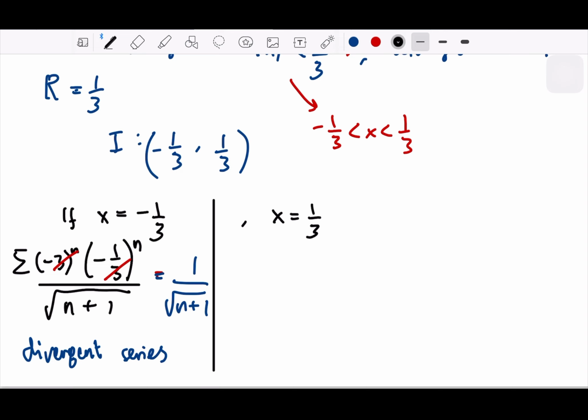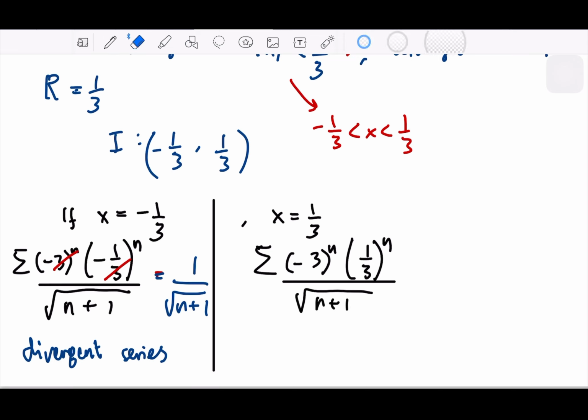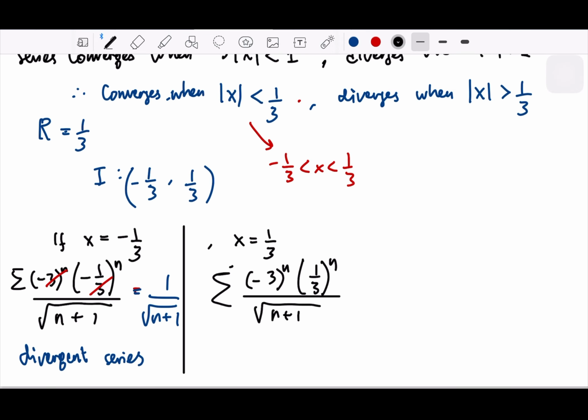When x is equal to 1 over 3, then we have negative 1 to the power of n, and then we have the square root of n plus 1.